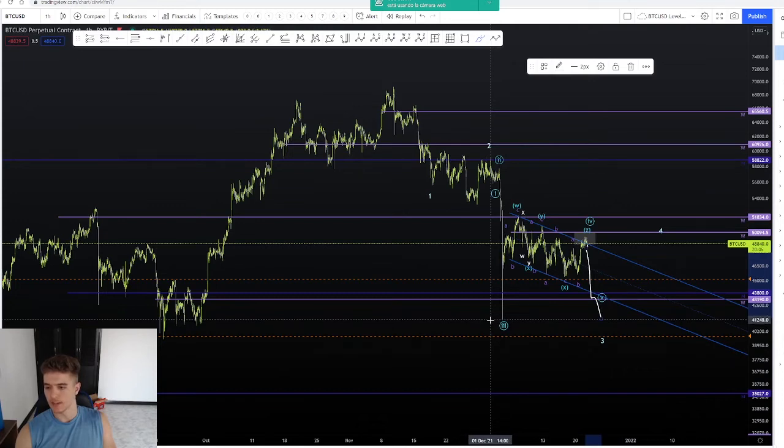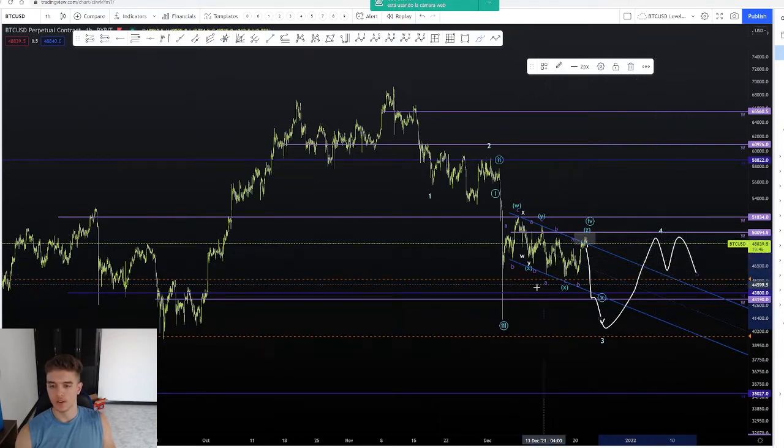In this case on Bybit, it's 41.3K. It really depends what exchange you're looking at. It could be 42K if you're looking at Coinbase. But in this case, we're on Bybit, and it would take out this low, take out the stop losses, and then make its way back up to start the minor wave 4.